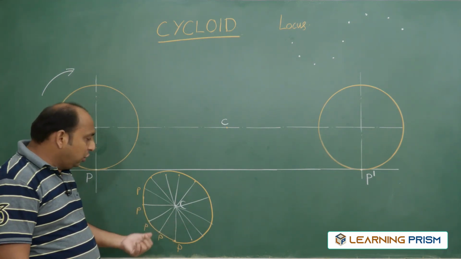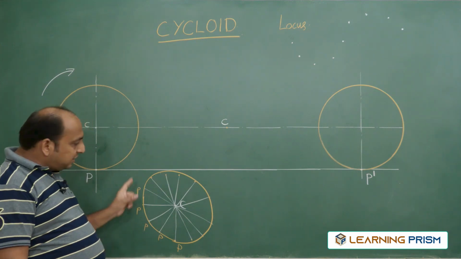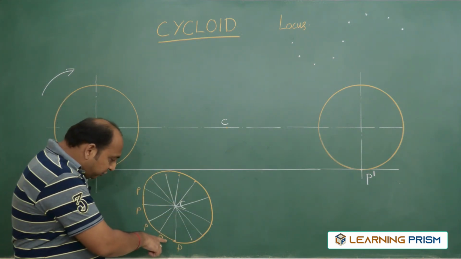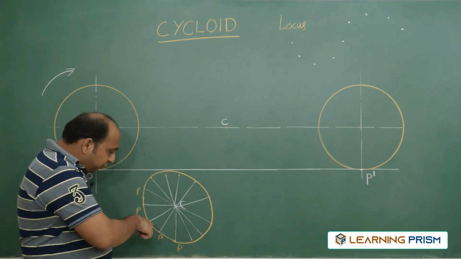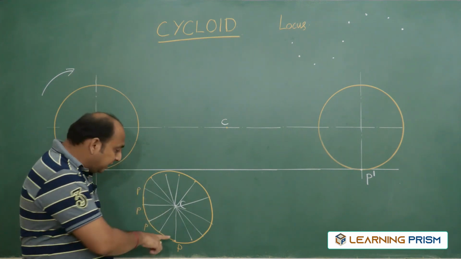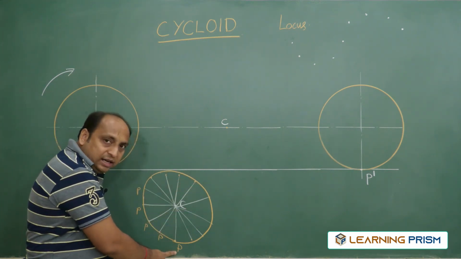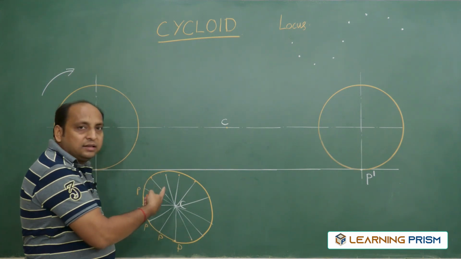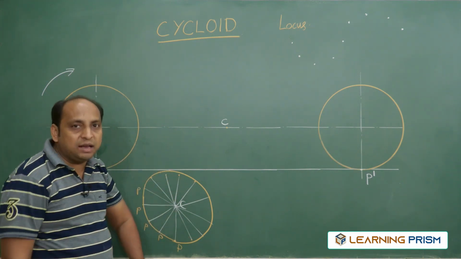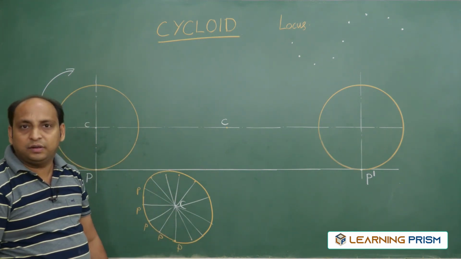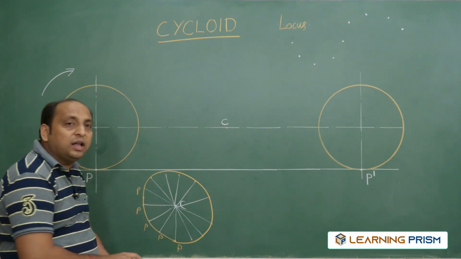So circle is the best example for locus. The curve generated, or the path that is traced by this point, is the locus. That locus has been given a name as circle. So this is your locus.